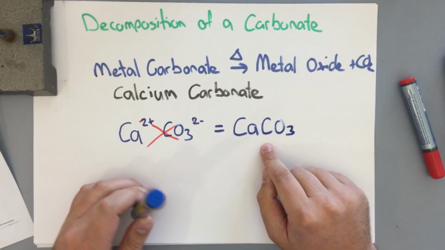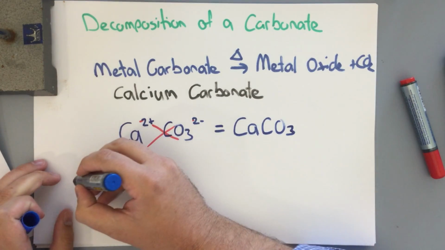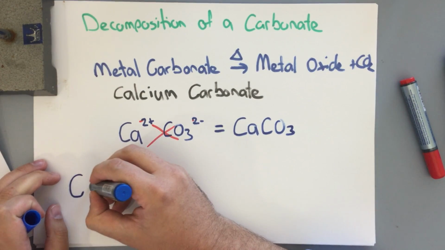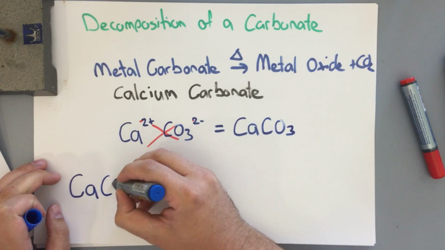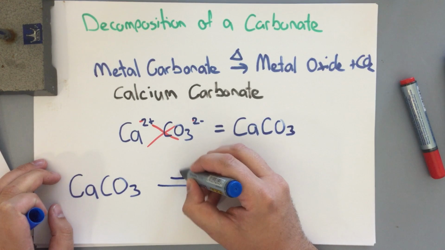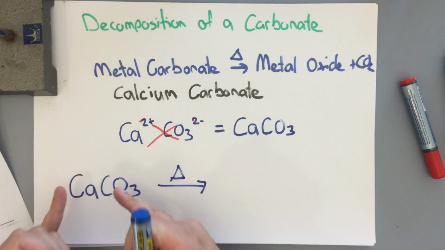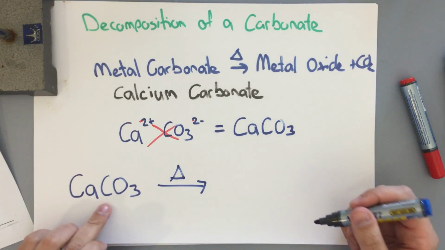Now that we know the end formula, we can do the decomposition of a carbonate. So CaCO3. Now this little triangle you might remember means heat, so that tells us we've added heat to calcium carbonate.